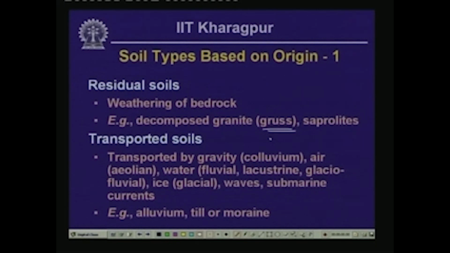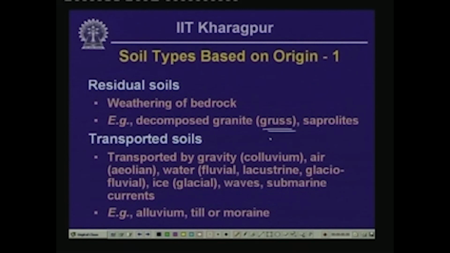Then you could have transported soils, and transportation could be by gravity. If you find a soil deposit that is basically because of gravitational transport, then that is called colluvium, for example, slope failure debris and talus slopes.